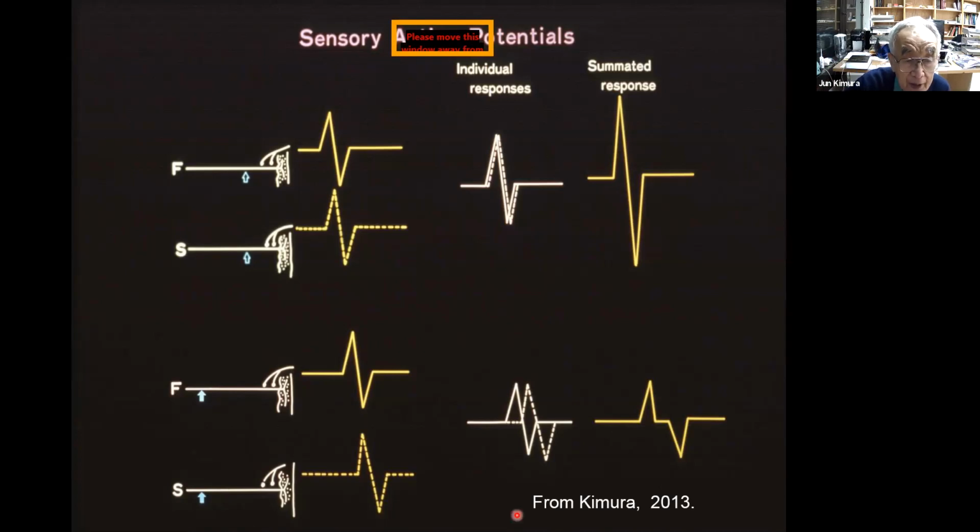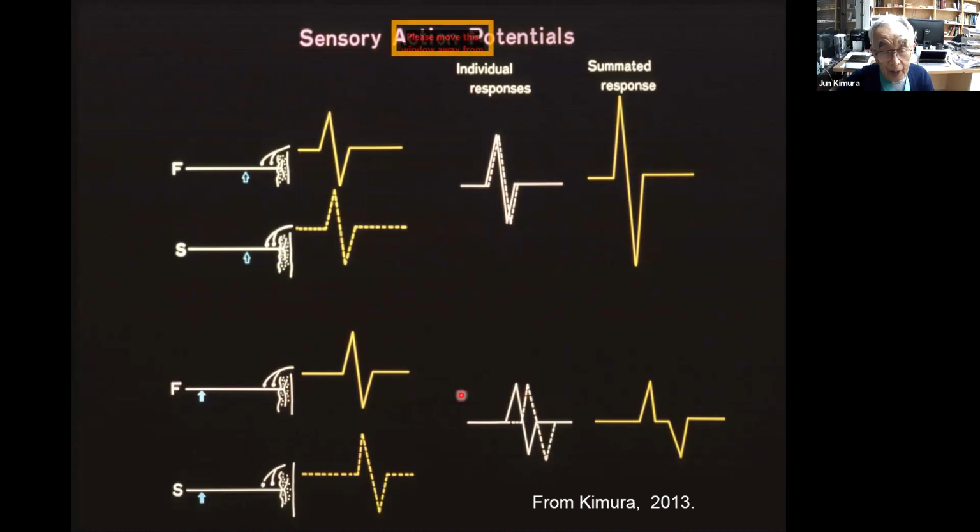If that is the case, if you stimulate both of them together, they superimpose like this. And you notice that the positive peak of the fast conducting axon superimposes on the negative peak of the slow conducting axon, and therefore they are opposite in polarity.